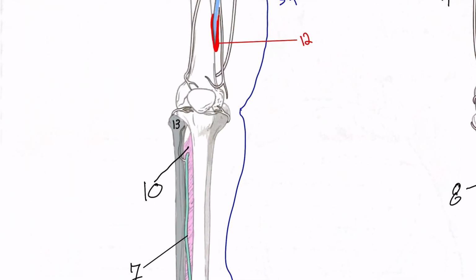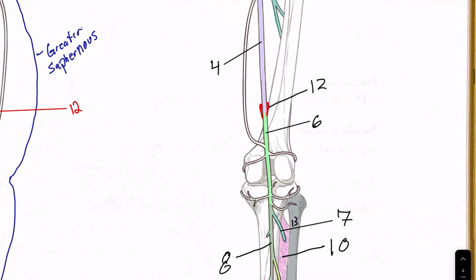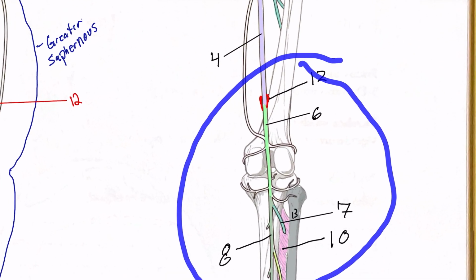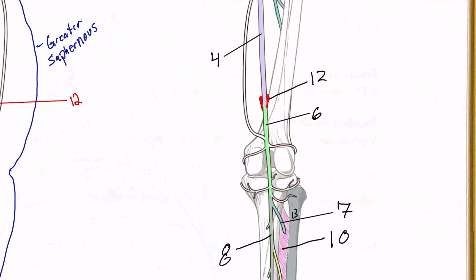So let's rewind and look right here on the posterior side. This is what we're looking at right here. We have that anterior portion of that femoral artery and vein pass through that adductor hiatus, and then as soon as it does, we see it turn into the popliteal artery and vein.